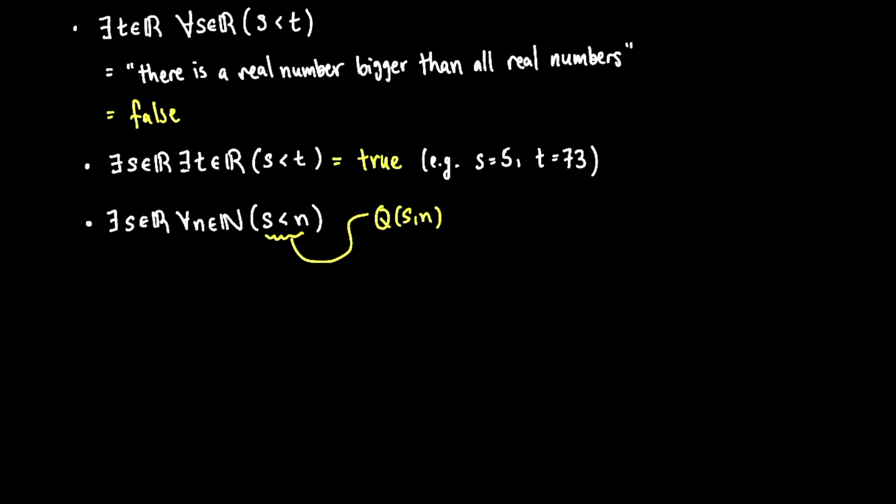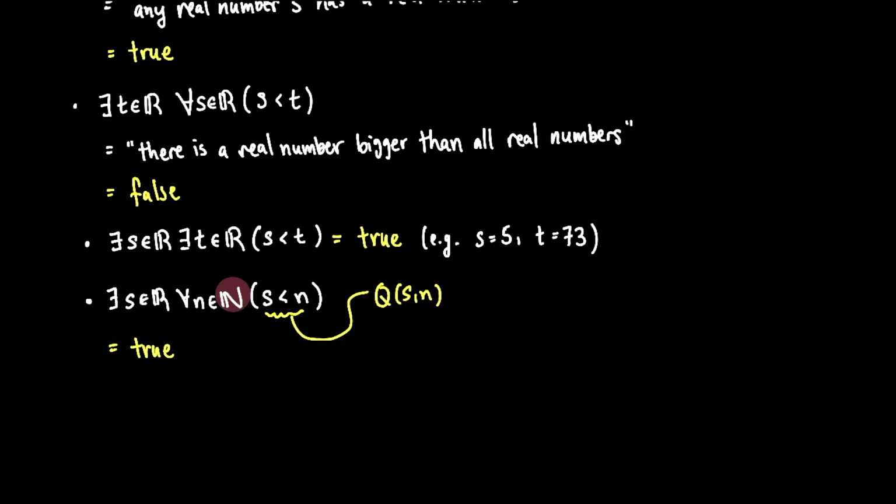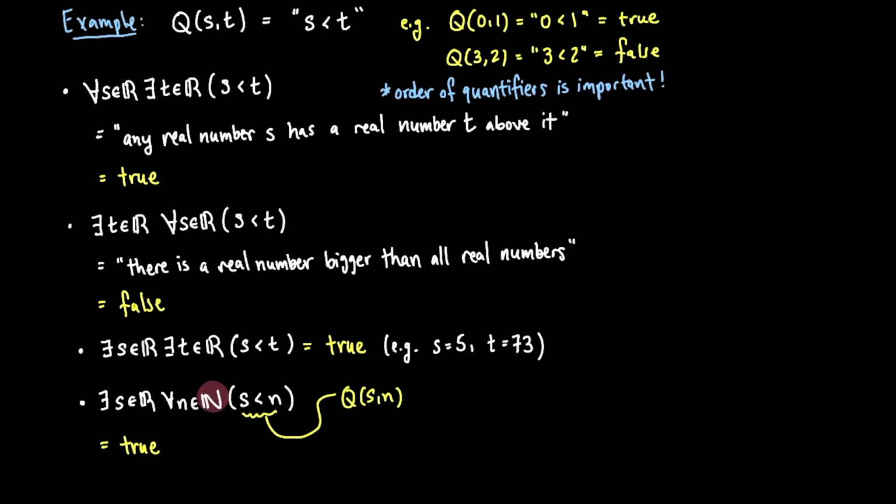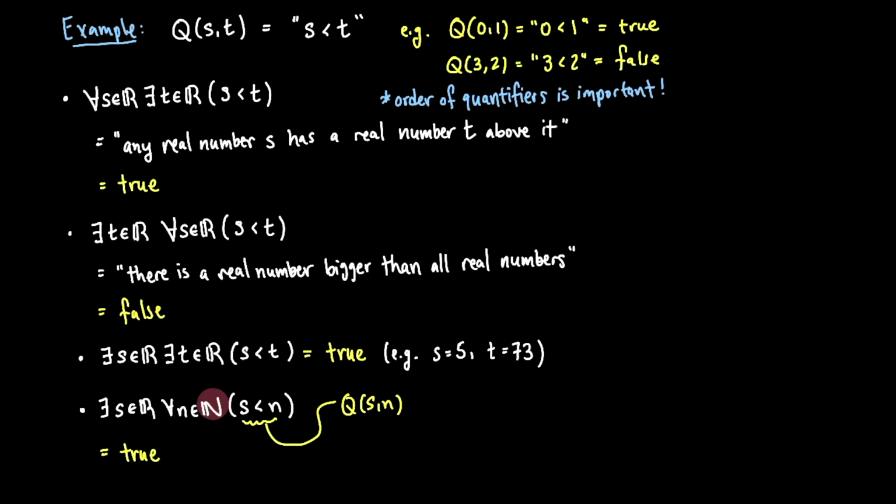So in this case, the statement ends up being true. So again, you're seeing that it actually matters that I quantify over the real numbers or the positive integers or the rational numbers. It can change the meaning of the statement. Okay, so here's an example of quantifying a predicate by using two quantifiers.